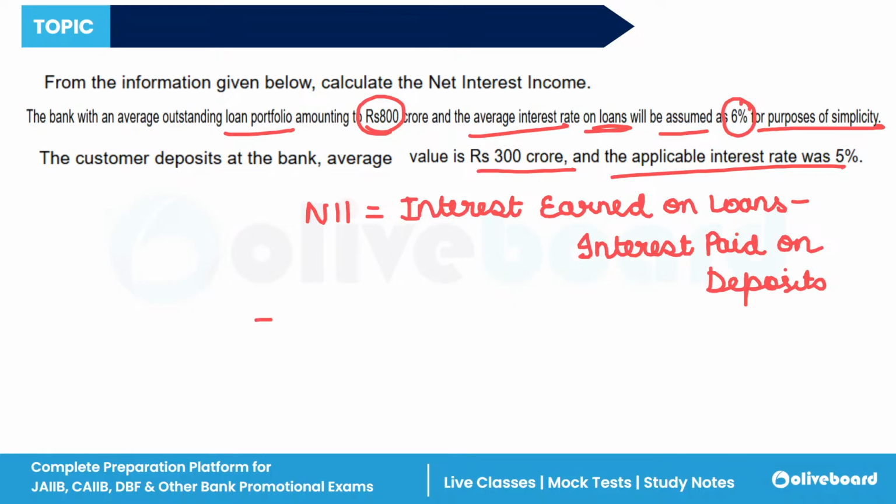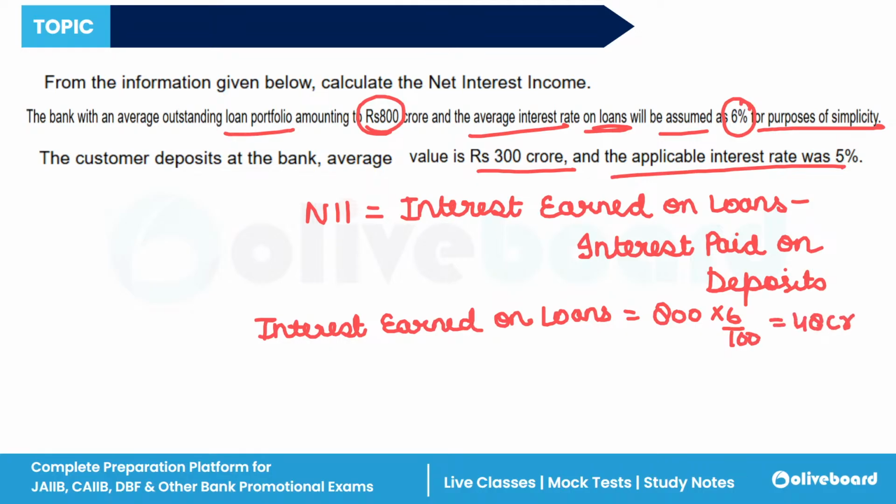So first calculate the interest earned on loans, which is 6% of 800, that is 48 crore.